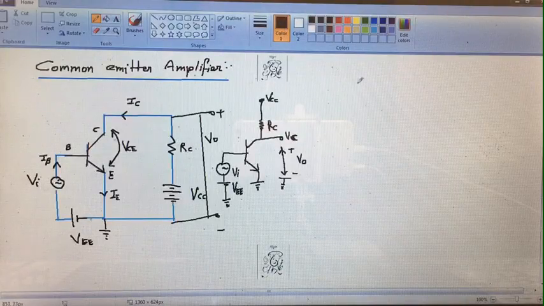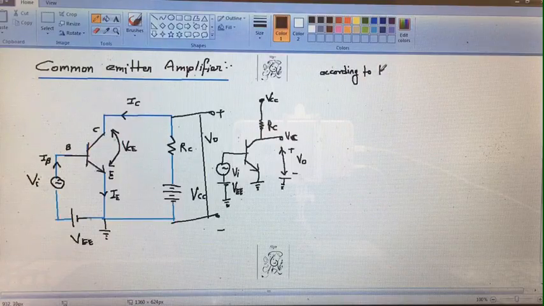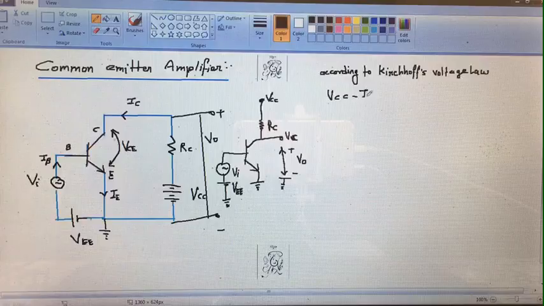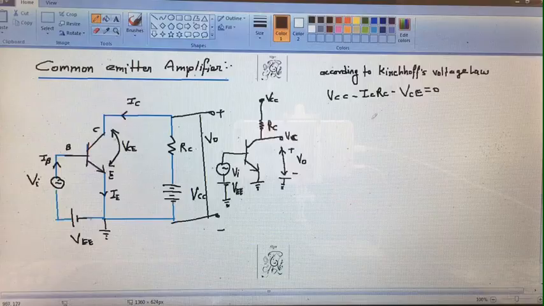In that case, according to Kirchhoff's law, for the collector emitter terminal, VCC minus ICRC minus VCE is equal to 0.